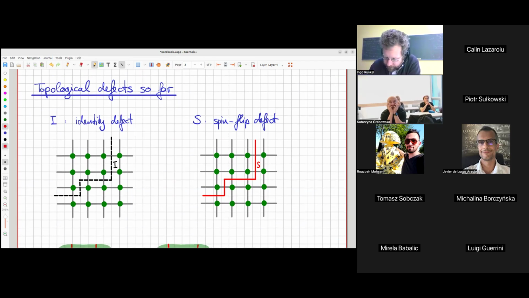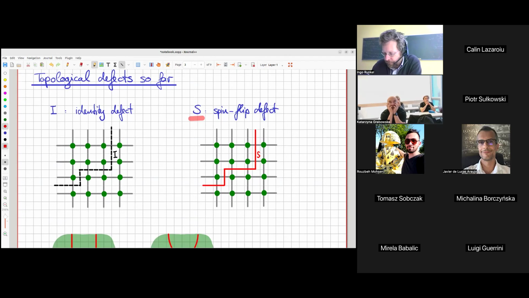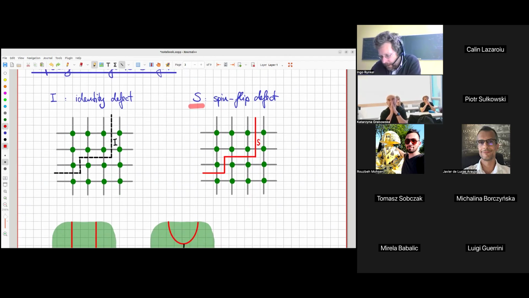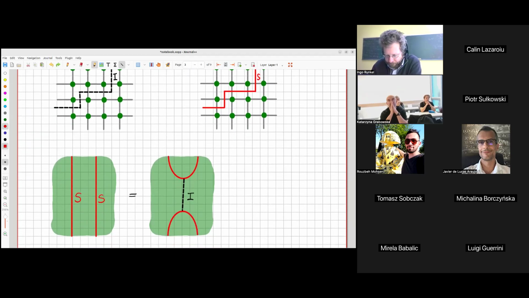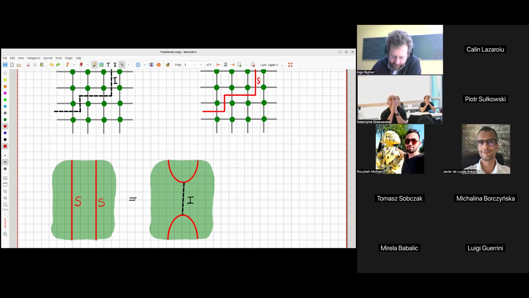The spin flip one is the one where for each bond that's crossed, you get this minus sign. It has the following property. Now I've become too lazy to draw the detailed lattice. So the green bit here, you can replace it by a lattice as fine or broad as you want.